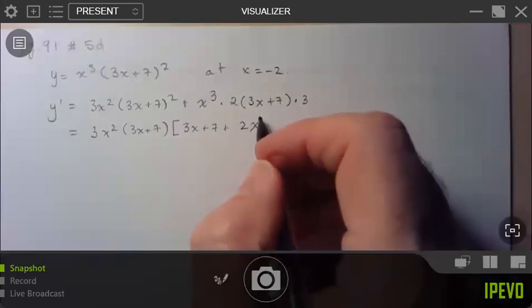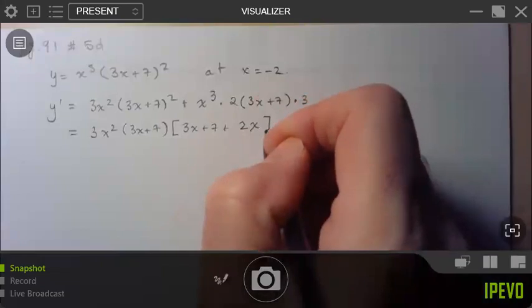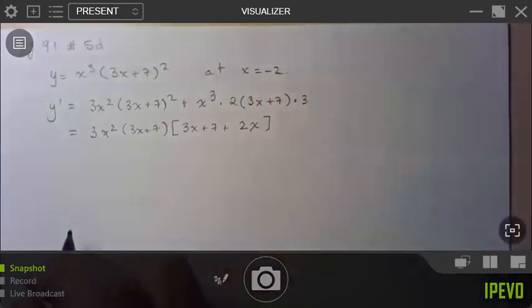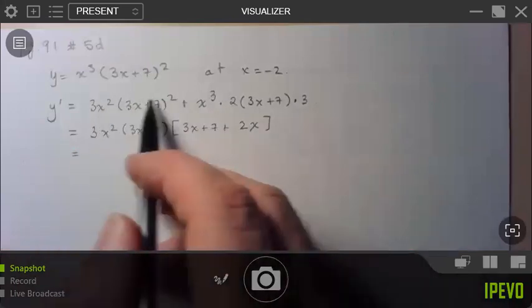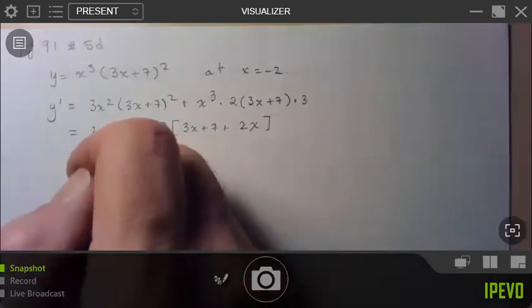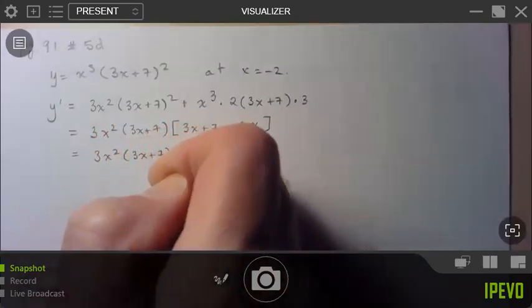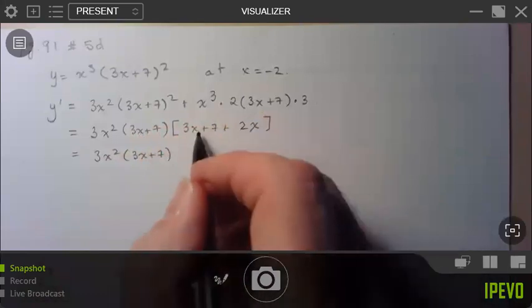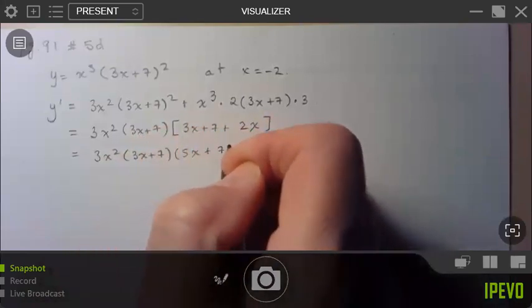And the factor of 3x + 7 is gone. And lo and behold, I actually have something that's pretty simple now. I didn't have to work with such a long expression. So in the end, when we clean this up, we have 3x squared times (3x + 7). And then here we're left with 3 plus 2, so (5x + 7).